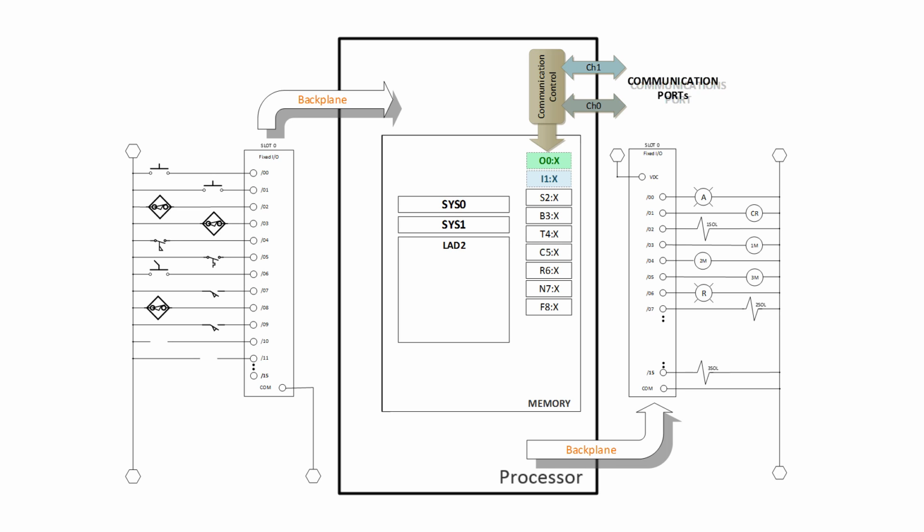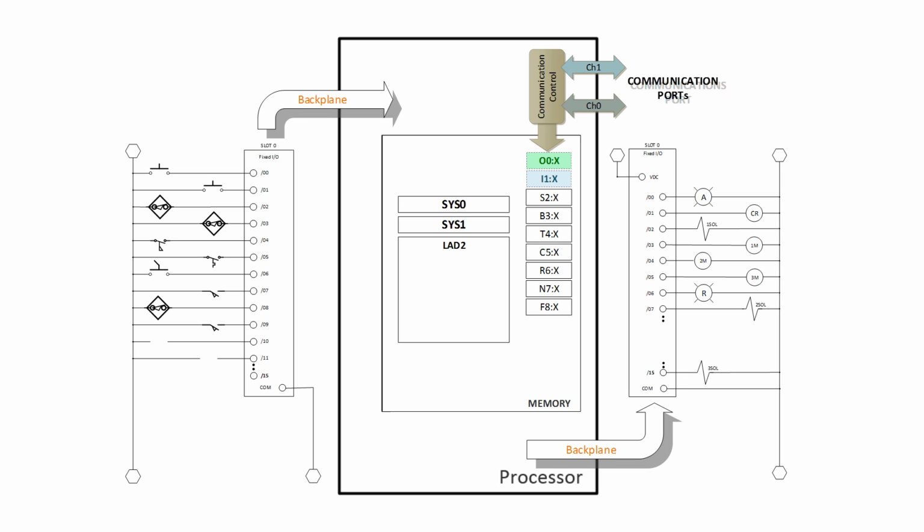So we have 8 outputs there. Well, actually we have 9, because I have another solenoid down on output 15. But the point is that green box O0:X is a 16-bit integer, and at some time those 16 bits will get transferred out on that same backplane that the input module is on, but to an output module, and it tells those outputs what state you want them to be in.